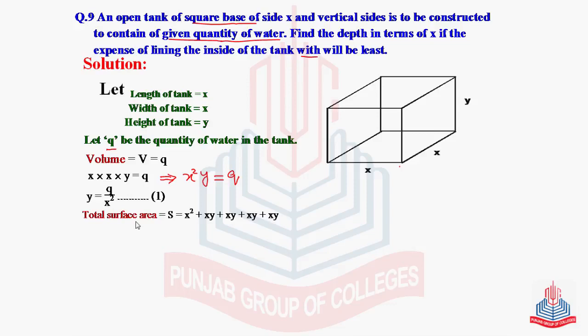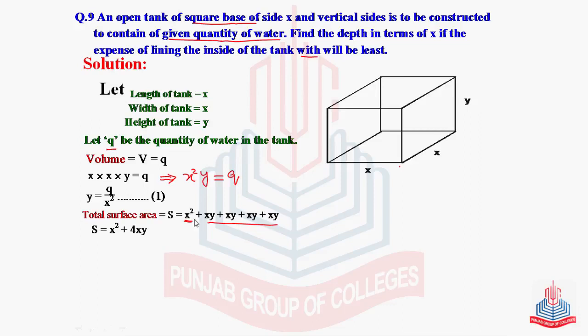As the tank is open at the top, we construct this tank with a square base and all 4 sides. These are the area of all 4 sides, and this one is the area of base. So total surface area will become S is equal to x square plus 4xy.